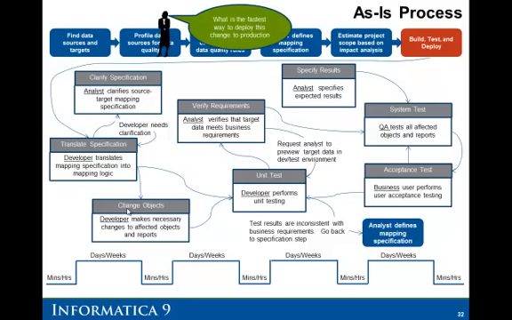And unfortunately, the business in this as-is process has had to wait quite a bit of time before they actually see any results and can actually validate or confirm that it does or does not meet their business requirements. And if it doesn't, unfortunately, you may need to go back several steps, either find some other data sources or redefine the mapping specification and go through this process once again.